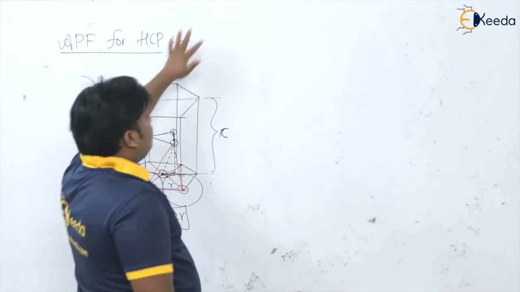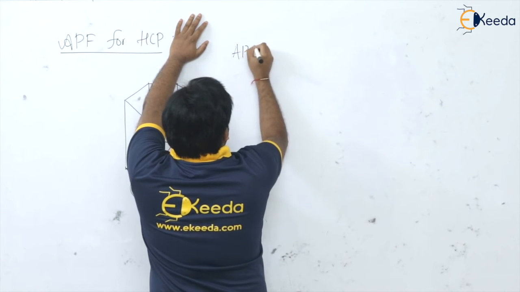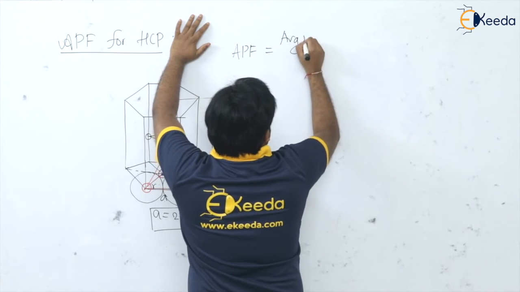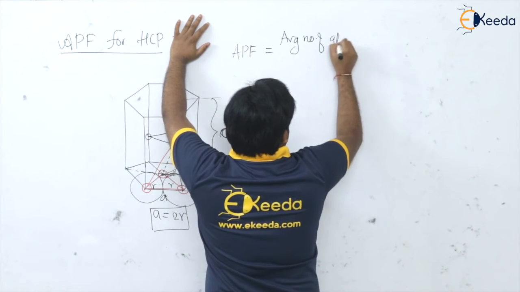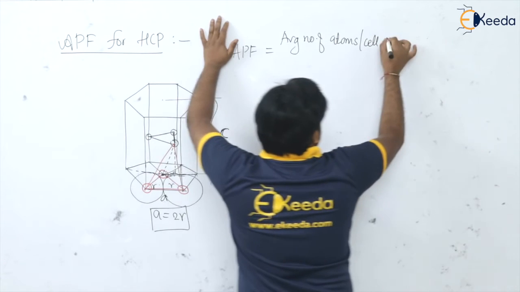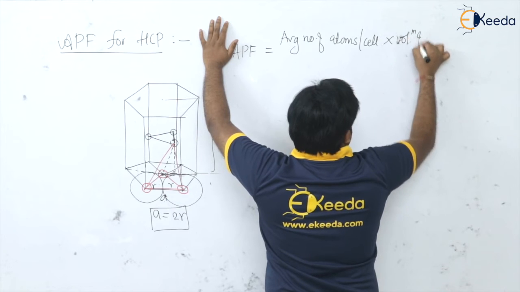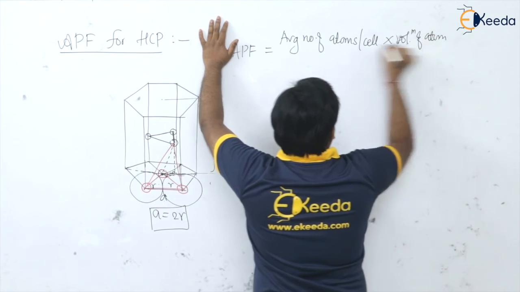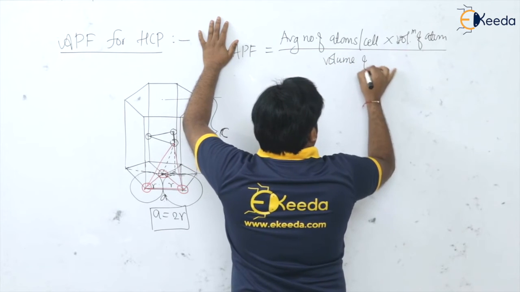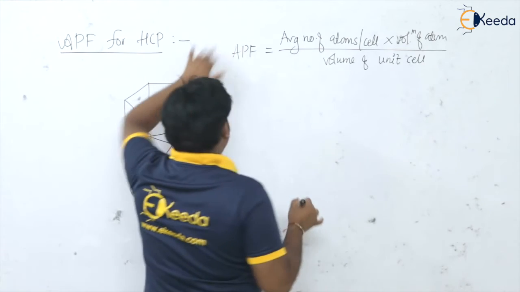Let us see. Now see, what is the formula for atomic packing factor? Atomic packing factor is equal to, we know, the average number of atoms per unit cell multiplied by the volume of the atom, divided by the volume of the unit cell, isn't it? The volume of the unit cell. So here the unit cell is hexagonal.